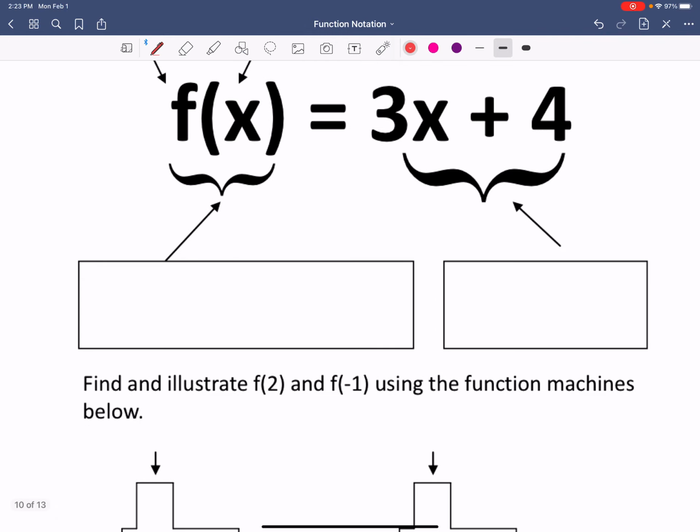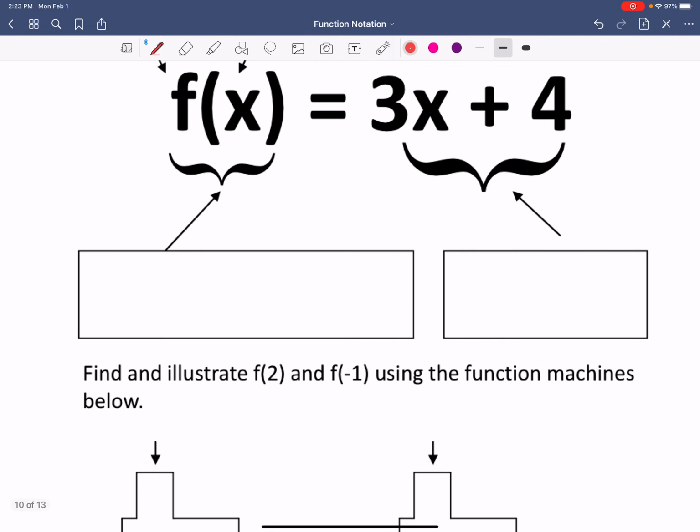Now we're going to look at each side of this equation. You'll see we have one side of the equation and the other side of the equation. On the left-hand side, f of x represents the overall value. What number do you get out when you plug in something for x?